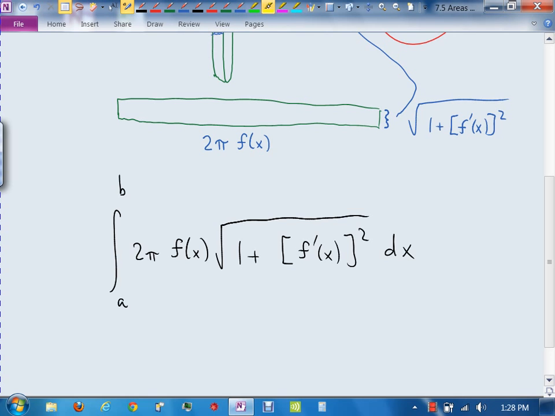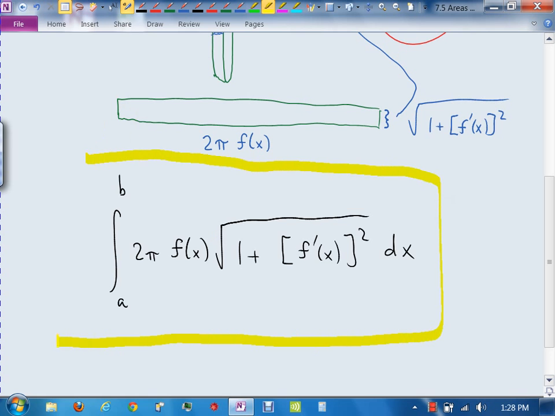The arc length formula had that square root. All this is arc length, isn't it? All we've added to it is the 2 pi f of x. That is the formula that will give you the surface area of the function revolved about the x-axis.